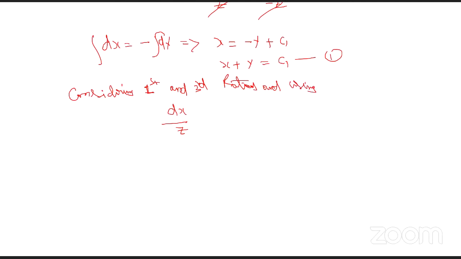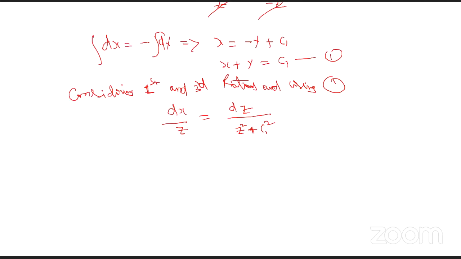Using equation number 1, dx equals dz by z square plus c1 square. Z square plus c1 square is nothing but c1 only.